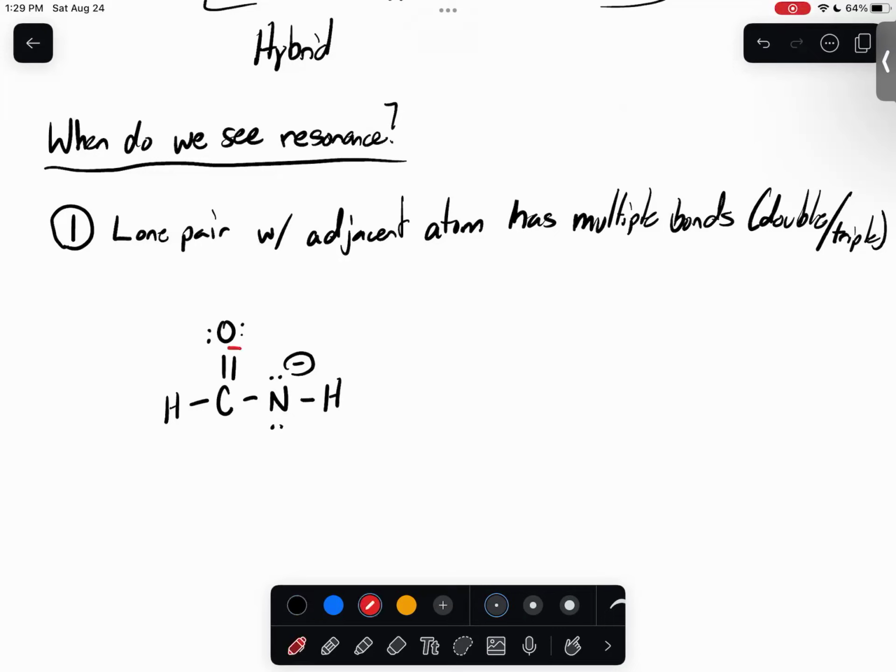So the important pieces of this are you have the double bond, you have the lone pair, and they are on two separate atoms. One is on the nitrogen, one is on the carbon. That is one example of when we can see resonance. And as we've seen this resonance form, I'm not going to go over it again. But we know that the negative charge can move between that nitrogen and the oxygen.